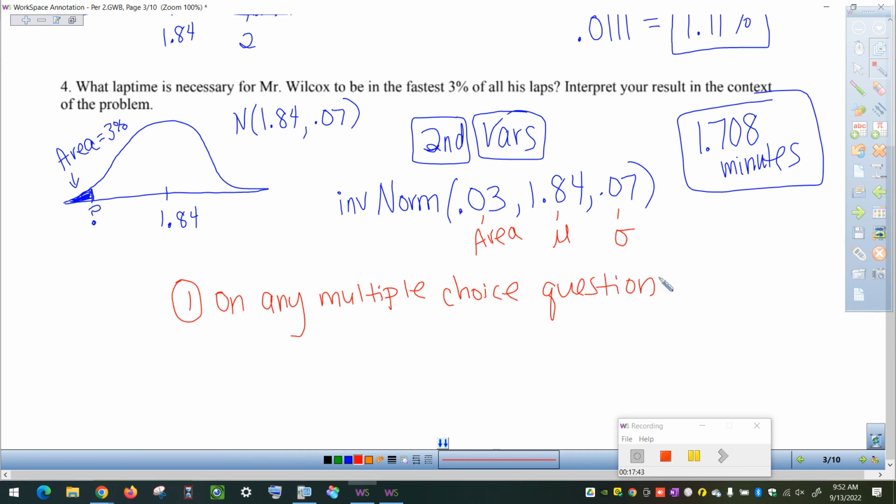You are not being graded or checked for any work that you show on a multiple choice problem. And this is going to save you a lot of time to get through a multiple choice question that involves a normal calculation. All right, the second place where it's a good idea to use this is to check your answer on a free response question.